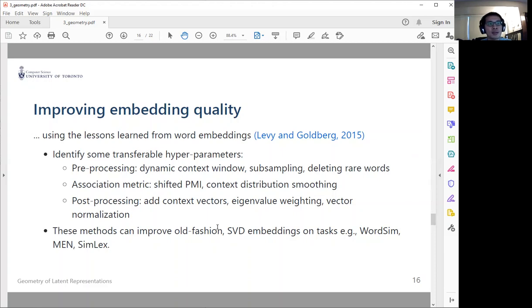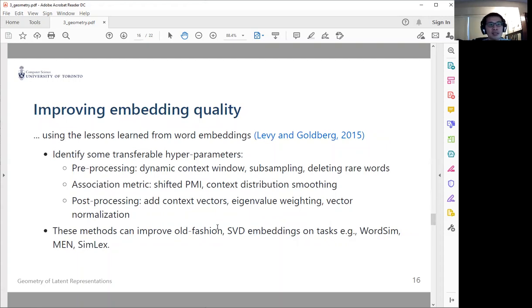In preprocessing, they used methods like dynamic context window, subsampling, and deleting rare words, and association metrics such as shifted pointwise mutual information and context distribution smoothing, and in post-processing, adding the context vector and normalization.